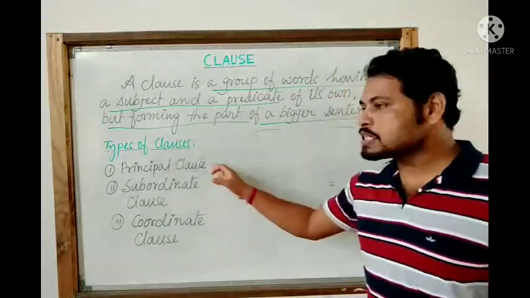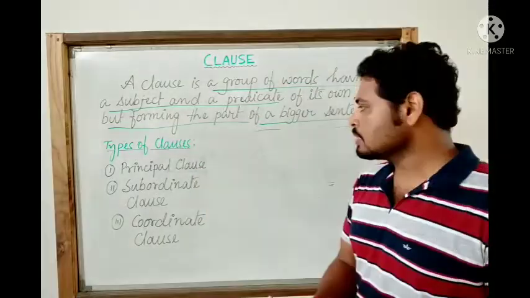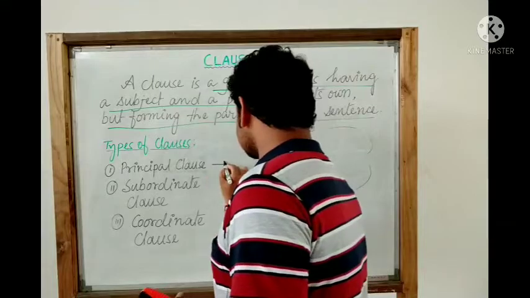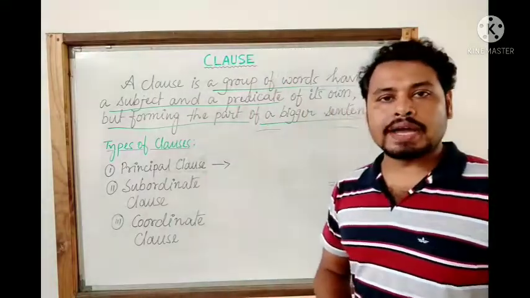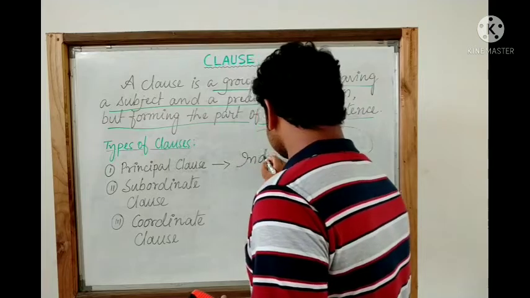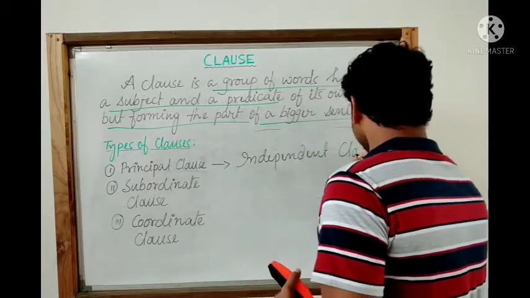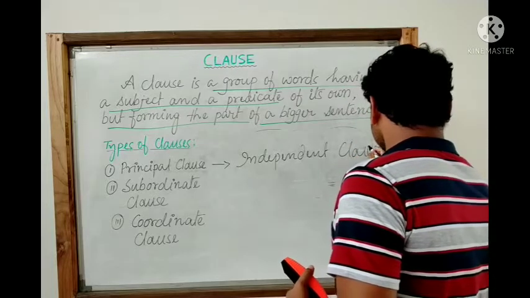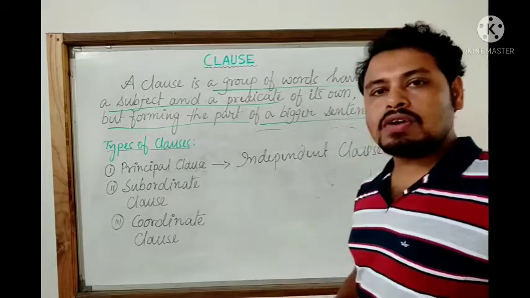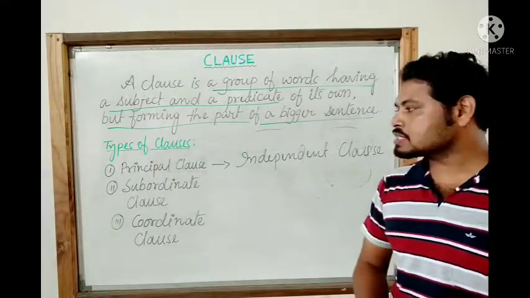So first one is principal clause. Now let us have a look at this principal clause. A principal clause, if we try to define, it is also known as independent clause. So what is independent clause and what is principal clause?